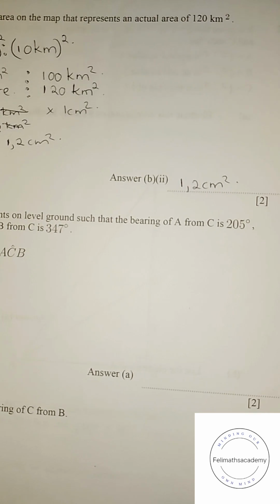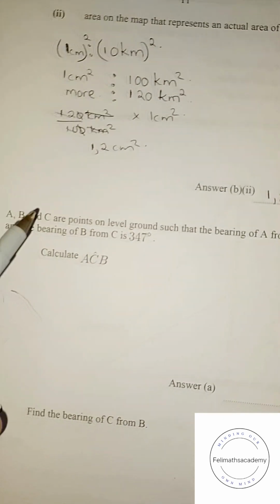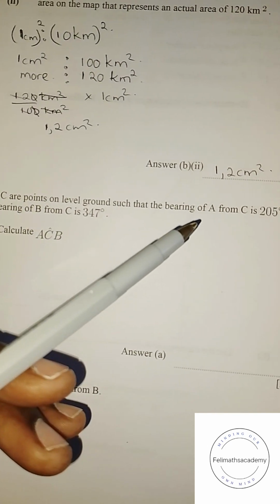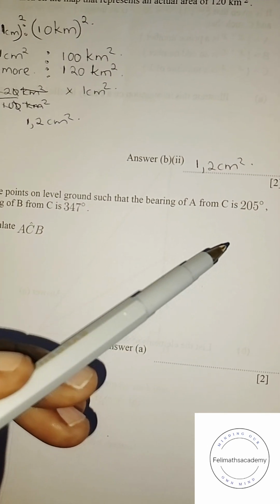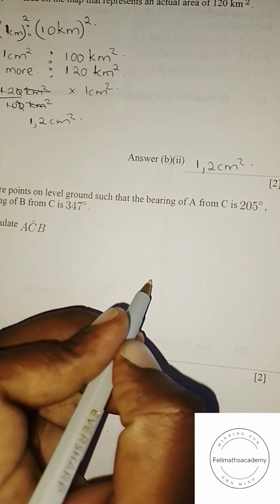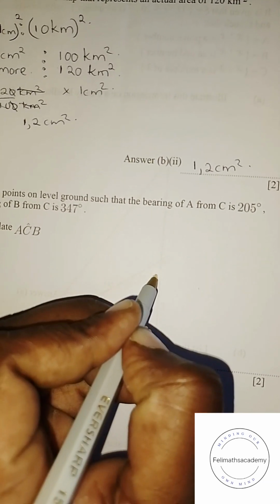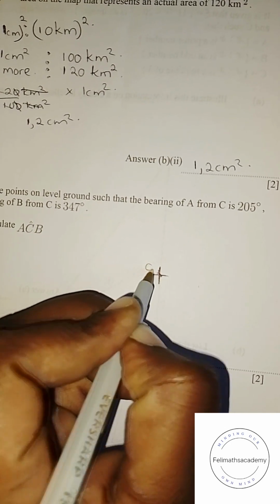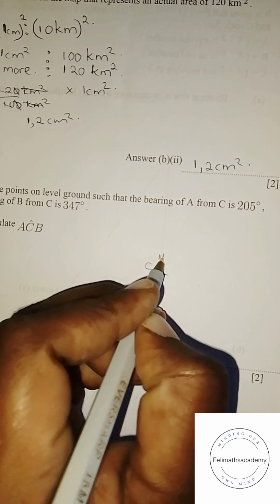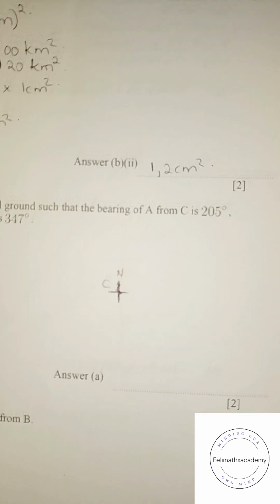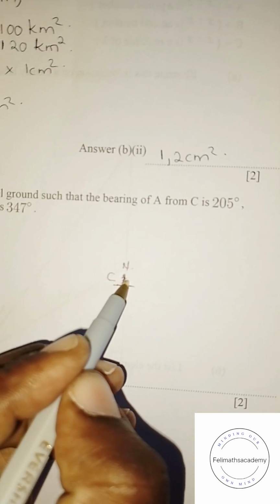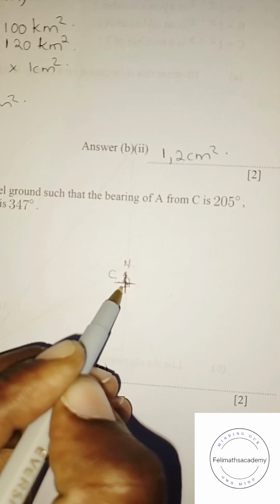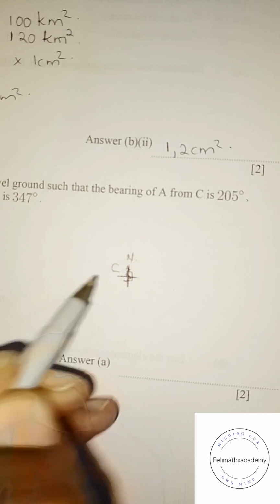Then number 11. A, B, C are points on level ground such that the bearing of A from C is 205. So there is our C. Bearing of A from C, this is north, 90, 180, 205 will be found in this quadrant.